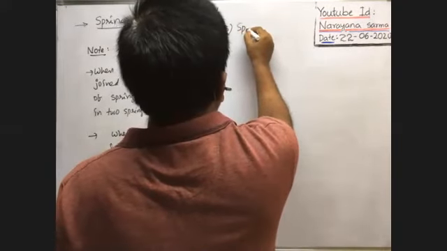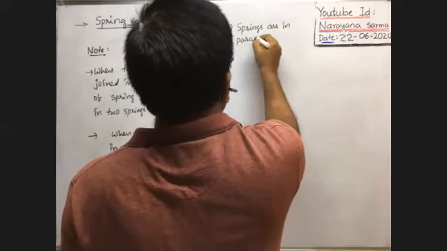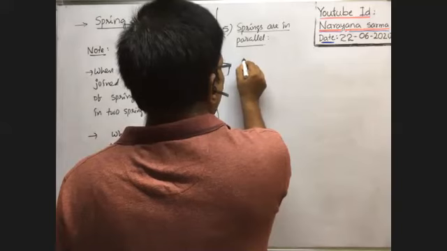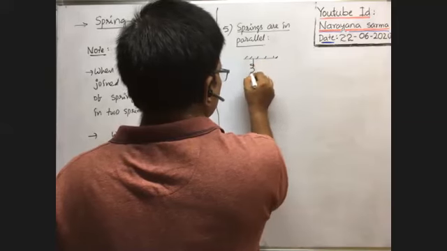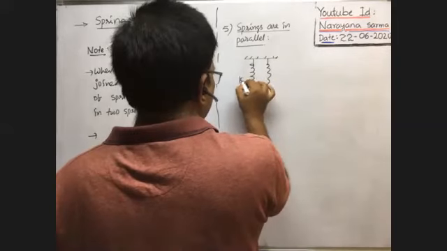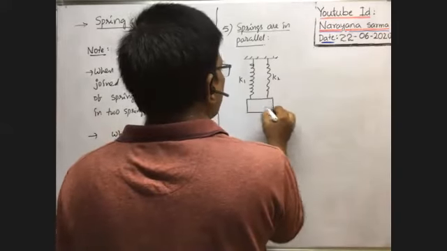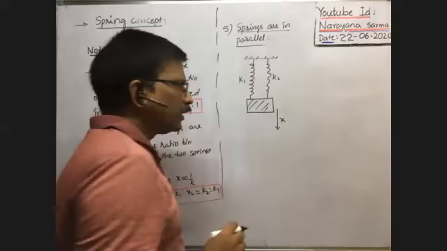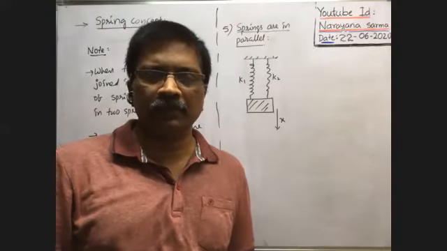Springs are in parallel. Springs are in parallel means, suppose two springs having spring constants K1 and K2 are connected to a block, so that when the block is displaced by a distance x, the extension of the two springs is x only.